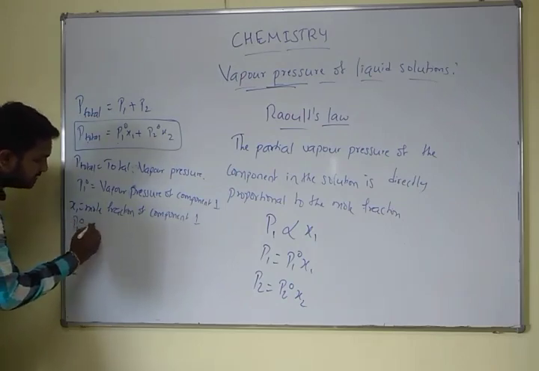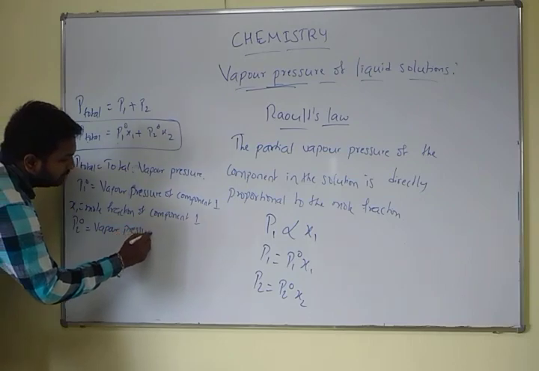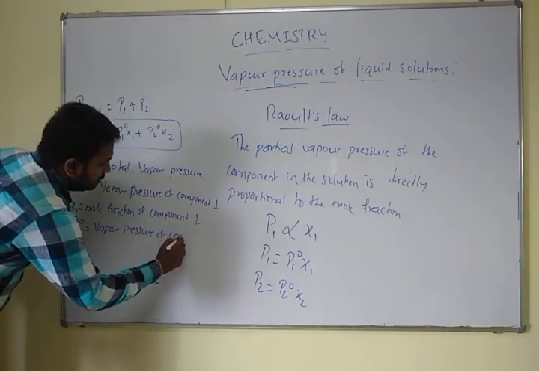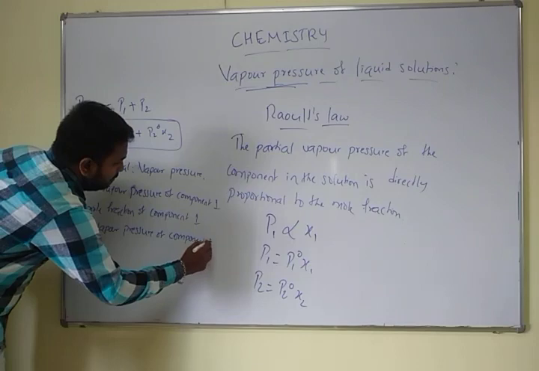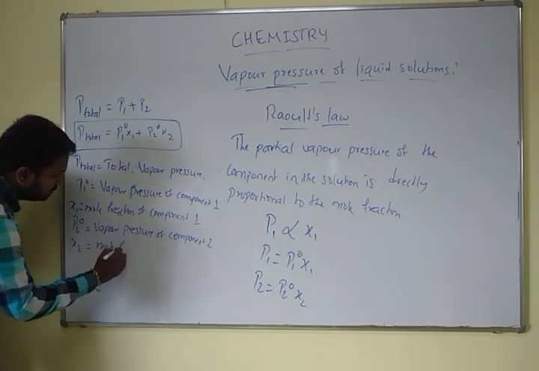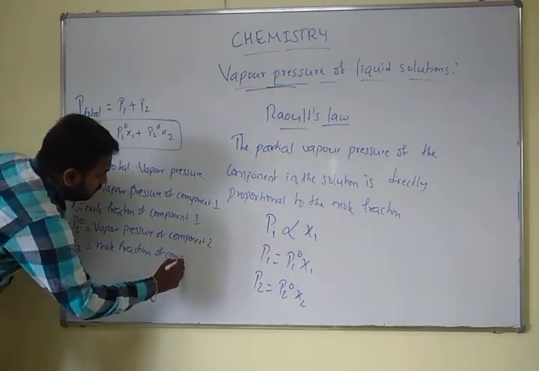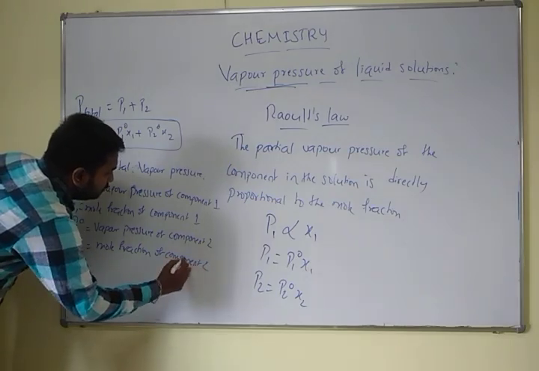P2 naught is the vapor pressure of component 2 and X2 is the mole fraction of component 2.